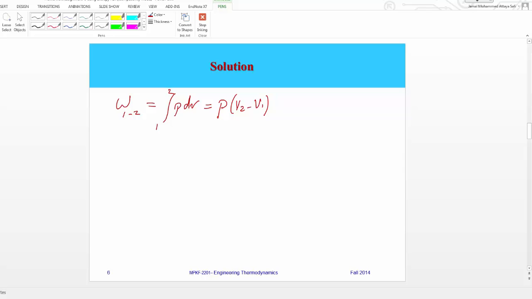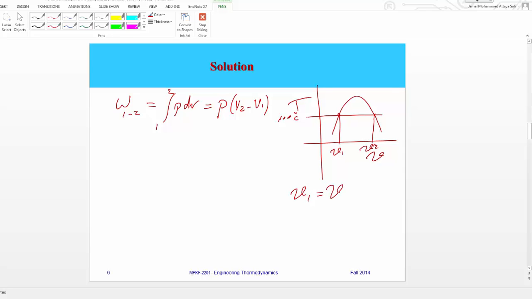If you write, I will just draw it here, this is a T-V diagram, and if this is 100 centigrade, this is V1 and this is V2. Very straightforward. So I can see that V1 is Vf at T1 of 100. I just go to the table at 100 centigrade and read Vf there, because as you can see, that is Vf and that is Vg.